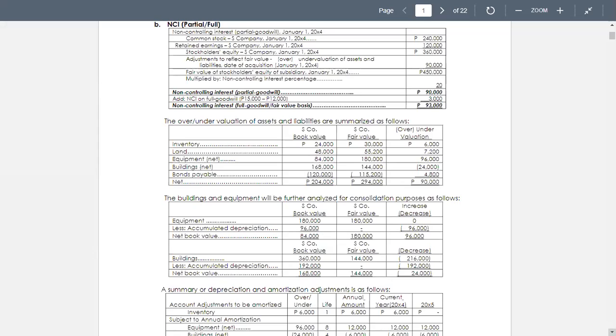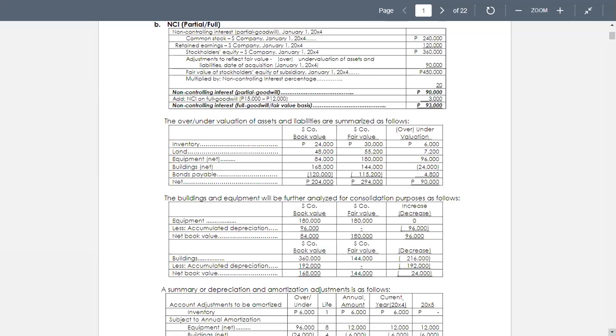So you have now 168,000, whereas the fair value is only 144,000. In other words, there was an overvaluation for buildings. Try to observe that your undervaluation, you do not enclose in parentheses, while the overvaluation, you do enclose.